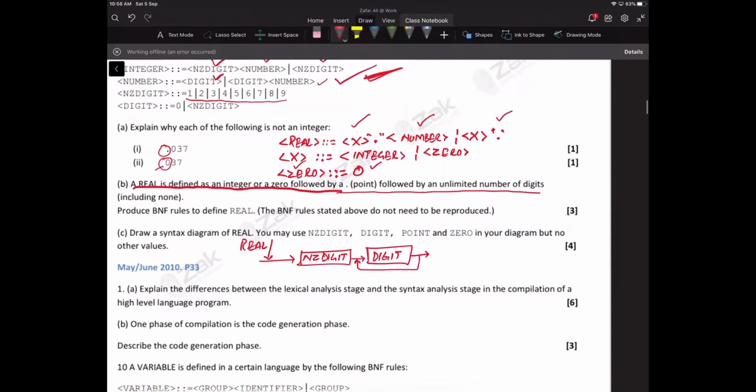So a real is defined as an integer or zero. So this is zero. So we may go this way. All right. So this is actually integer.